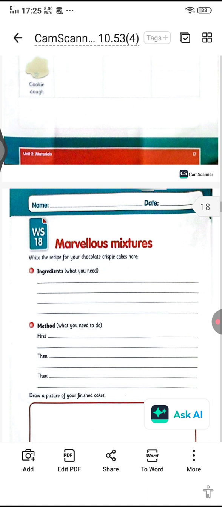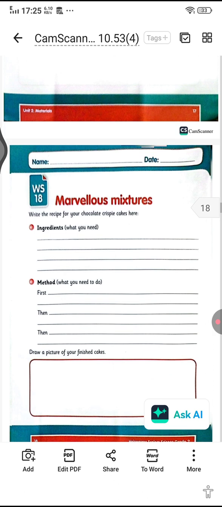Next is worksheet number 17, marvelous mixture. Write the recipe for the chocolate crispy cake. Here, ingredients: you have to take the cocoa powder, flour, milk, egg, vanilla essence, sugar, okay, and some butter.